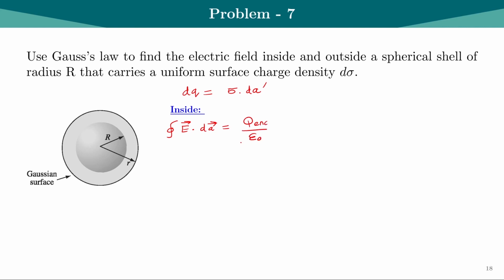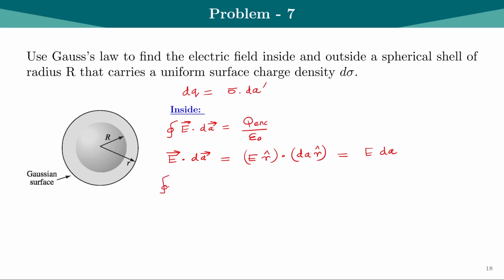Since E is everywhere normal to the Gaussian surface, as before, we have E dot dA equal to E r hat dot dA r hat, and this is equal to E dA.